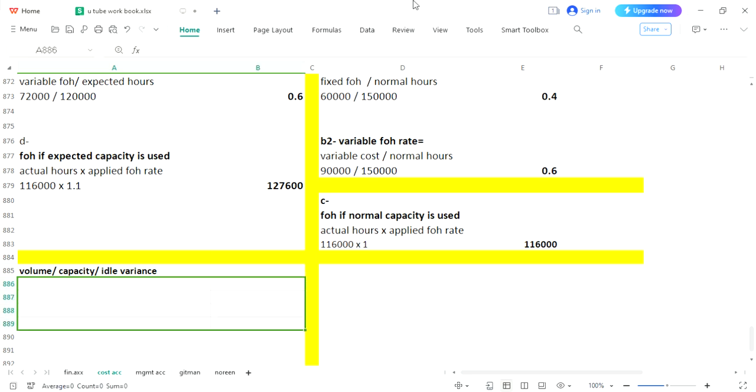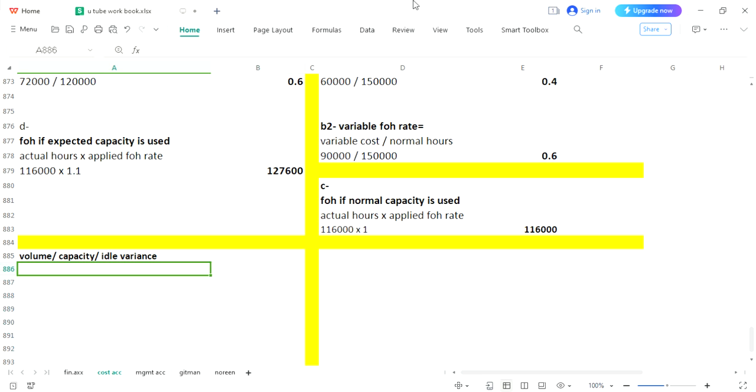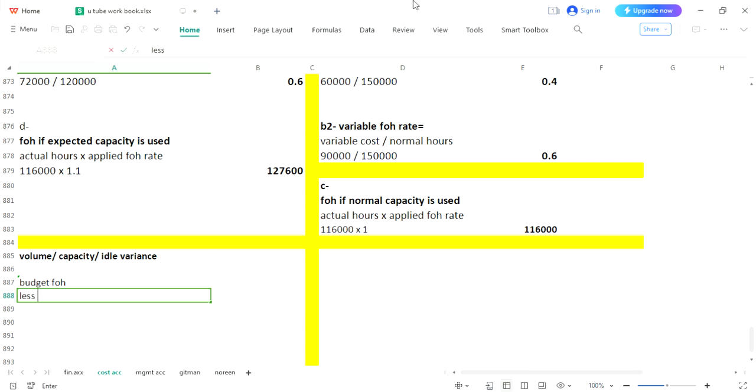Whenever you want to calculate volume variance, it is the relationship between budget FOH less applied FOH. Applied FOH we have calculated over here: actual hours multiplied by the applied FOH rate.